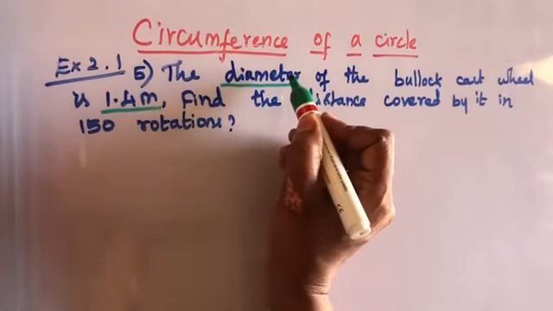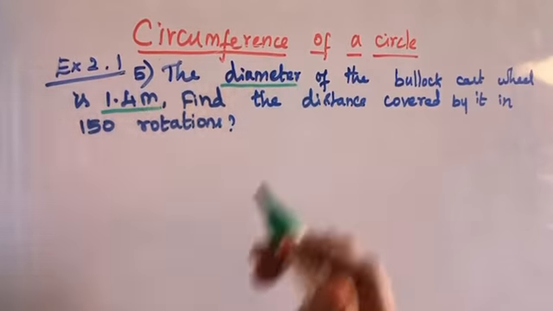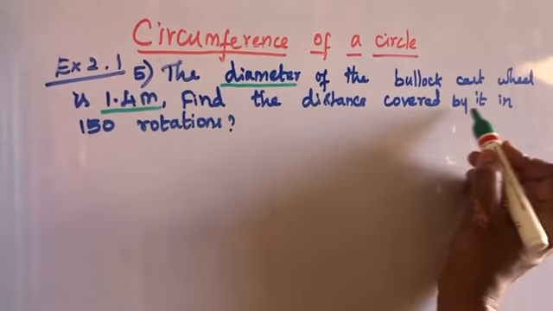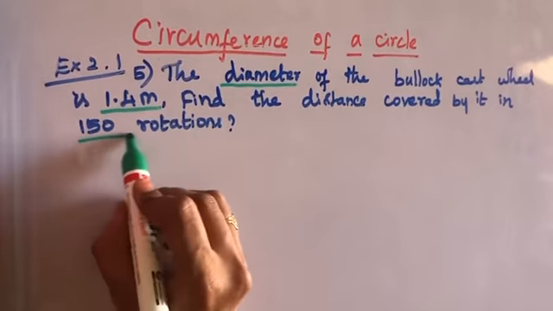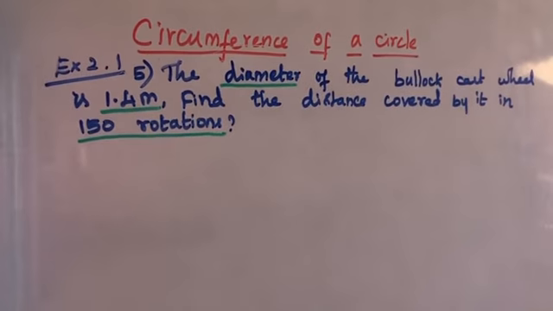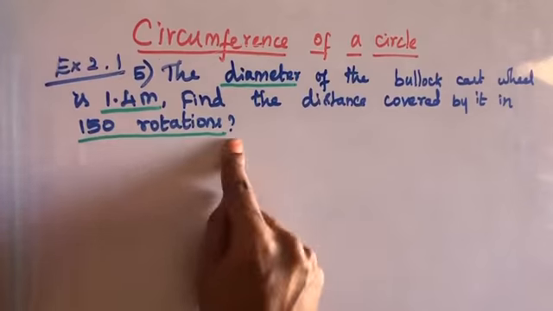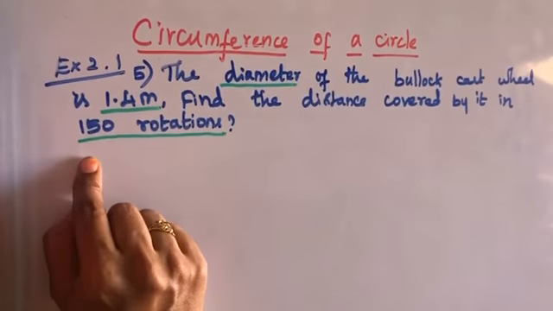So, with the diameter you can find the radius. Now, the question is to find the distance covered by it in 150 rotations. You know the rotations of a wheel, right? So what will you find? Find the distance covered by it in 150 rotations. How will you calculate it?